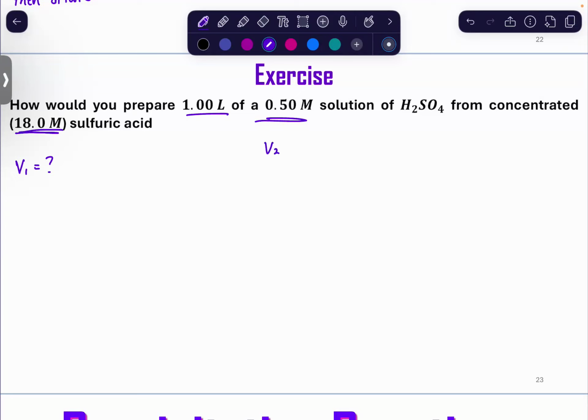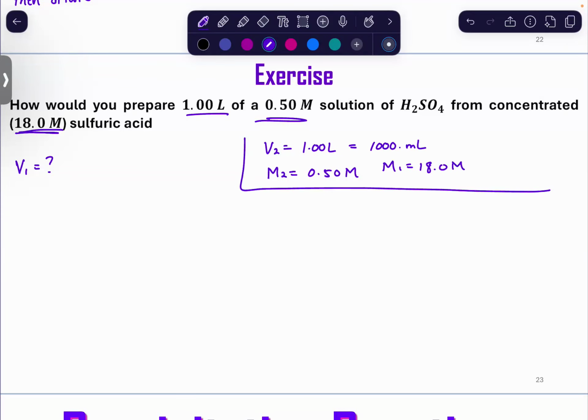So we know V2 is 1 liter, 1,000 milliliters. M2 is 0.50 molar, and M1 is 18 molar. There's the things that we know that'll help us solve the problem.